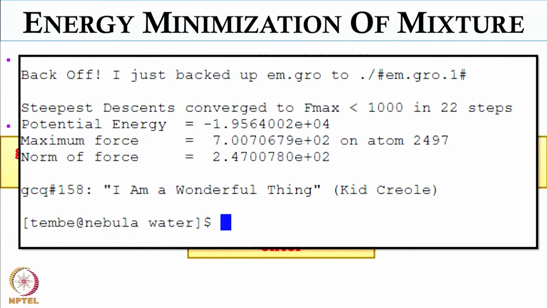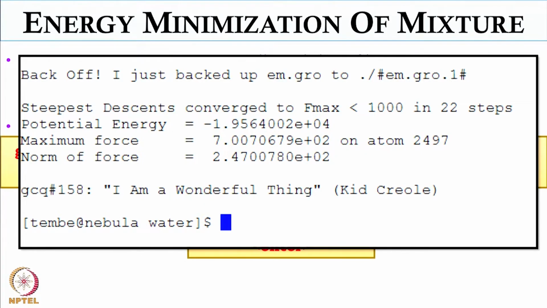Now, instead of only seeing the result after 22 steps, can I write out the force at every step? Yes, the force on each step is displayed on screen. Is that also written into a log file? Yes, an em.log file will be generated. You will have force as a function of step, so whatever is happening at every step is written in the log file.